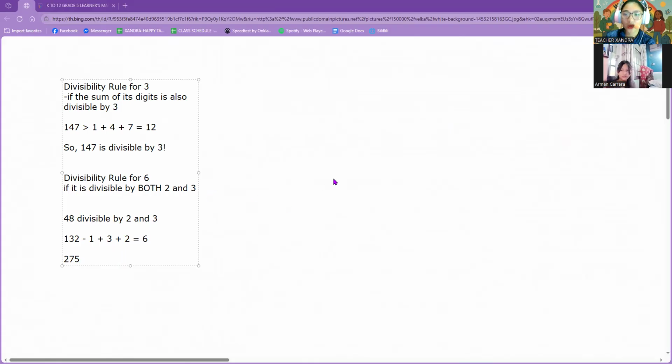No. So since 275 fails both tests, it is not divisible by 2 and not divisible by 3, so 275 is not divisible by 6. Okay? Do you understand now the divisibility rule for 6? Okay. Let's proceed.